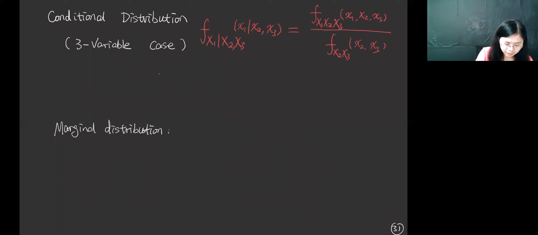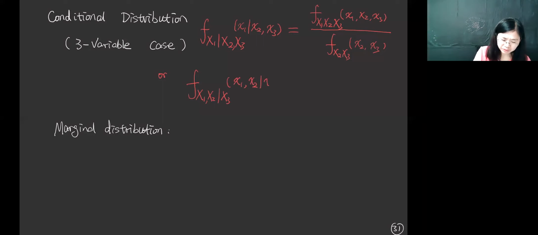Or you could have a different conditional distribution. You could be considering the conditional distribution of x1 and x2 given x3. Now the conditioning variable is x3, and we are describing the distribution of x1 and x2.